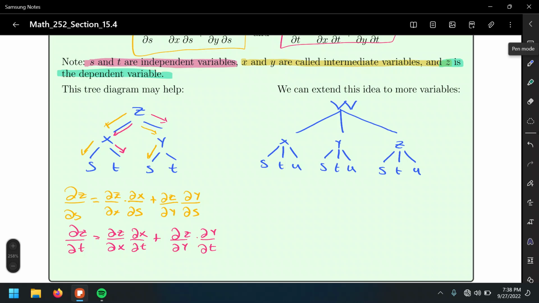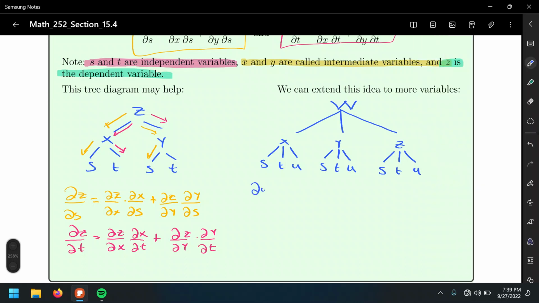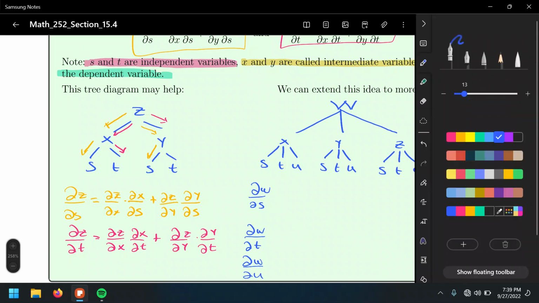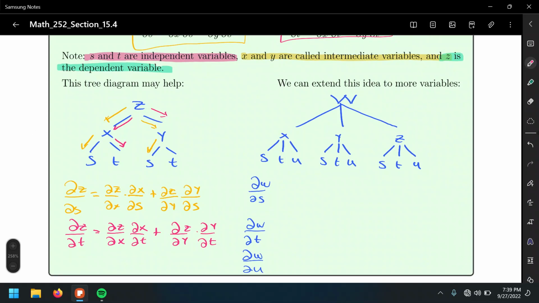So, for example, dw with respect to s, dw with respect to t, and dw with respect to u. I'm going to do the second one, and for the other ones, I guess you're going to get the idea.